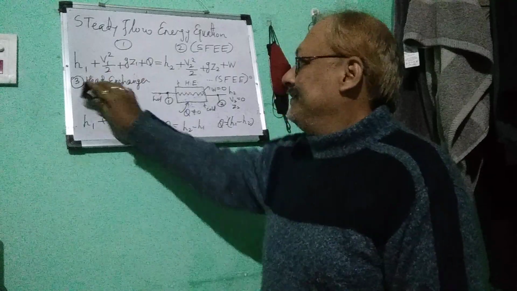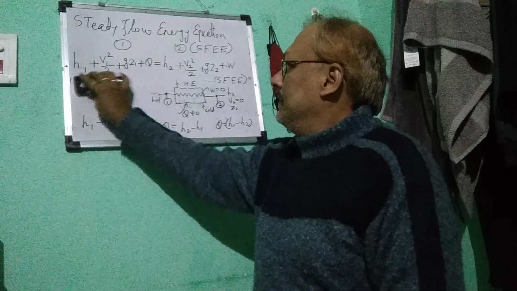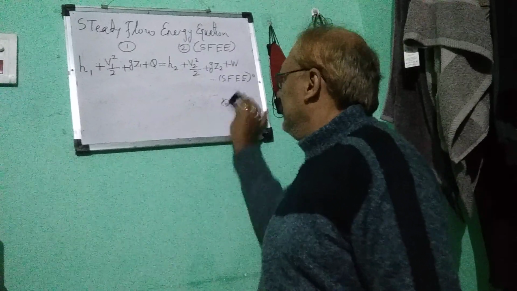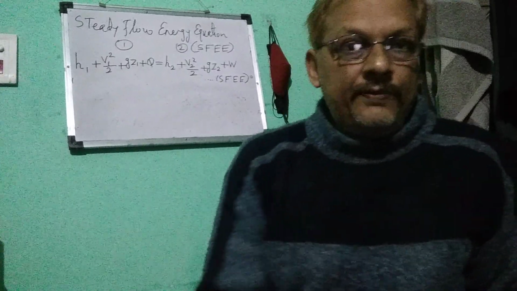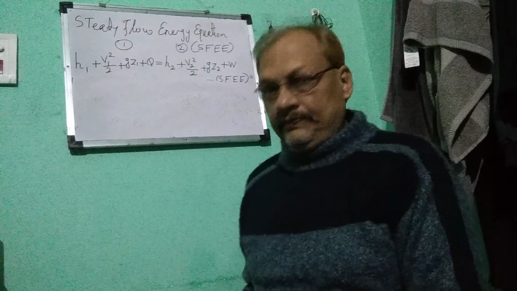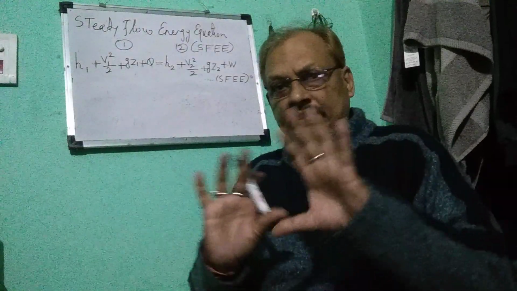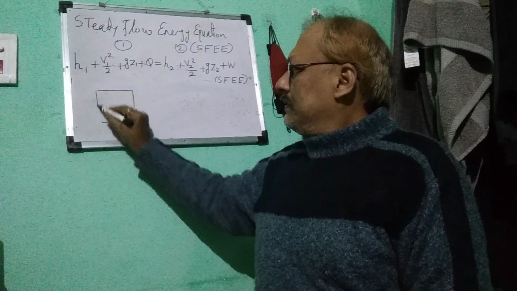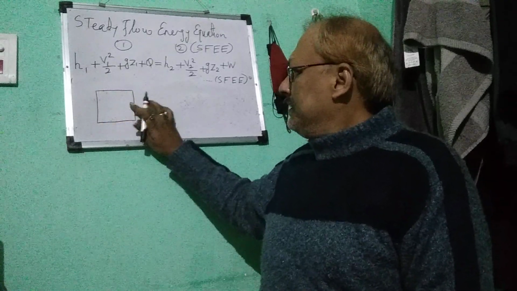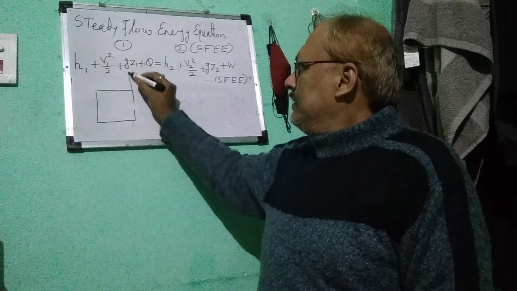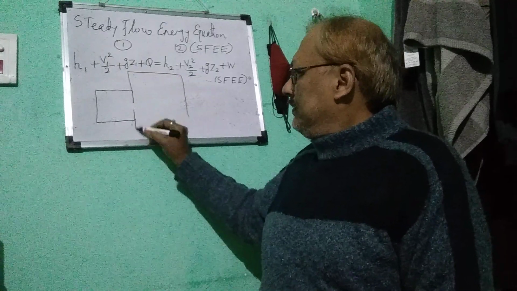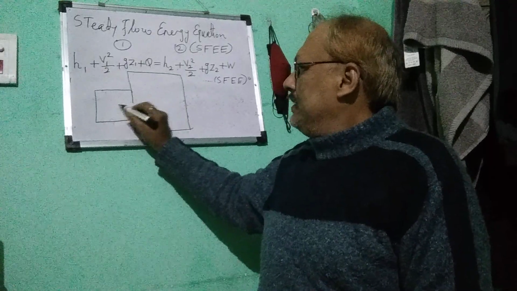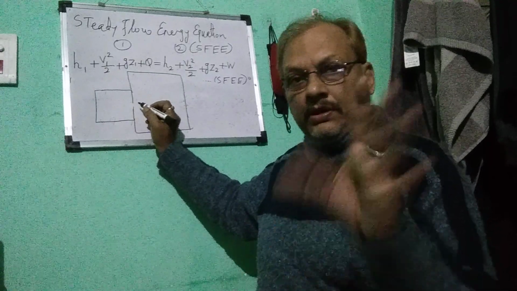Now last is the throttling device. Many people have confusion about it. What is a throttling device basically? Suppose a high pressure chamber is there, and there is a small opening.